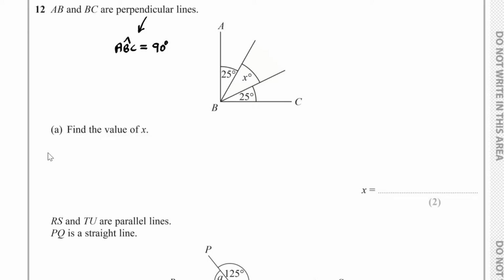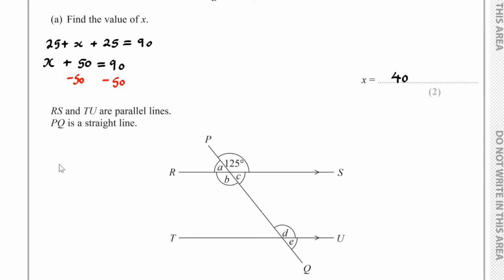So in other words, we have 25 plus x plus 25 equals 90. We have x plus 50, which is equal to 90. And now if I subtract 50 from both sides, we see that x is equal to 90 minus 50, which is 40.